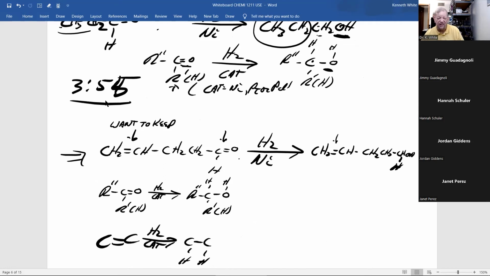But this also could be reduced, hydrogenated, and also the aldehyde could be. I'll draw it since I moved this over here.